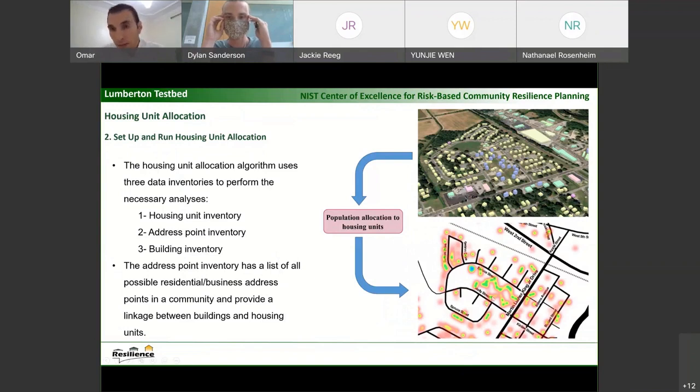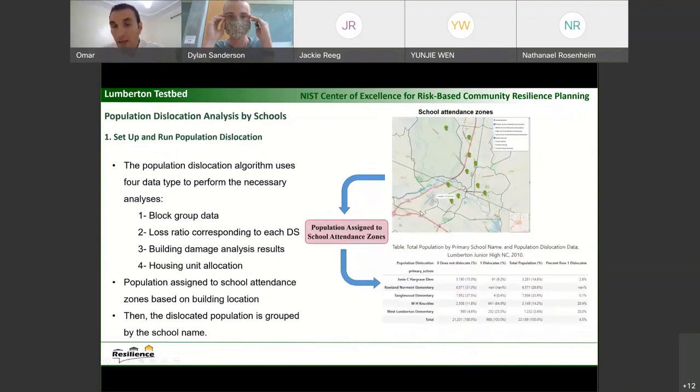The third part of this is the population dislocation analysis. He uses 4 types of data inventory, including the building group data, loss ratio corresponding to each damage state, and also building damage and housing unit allocation. Then he identifies the dislocated population associated with each primary school zone.